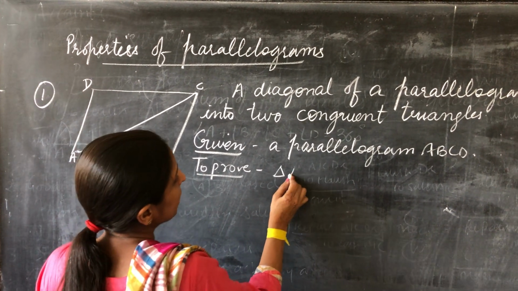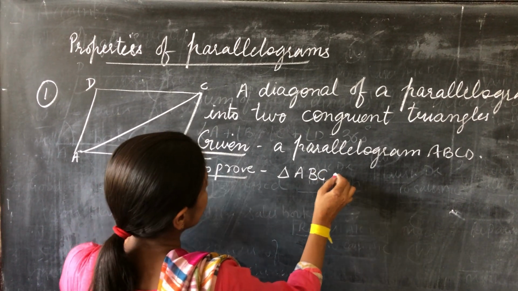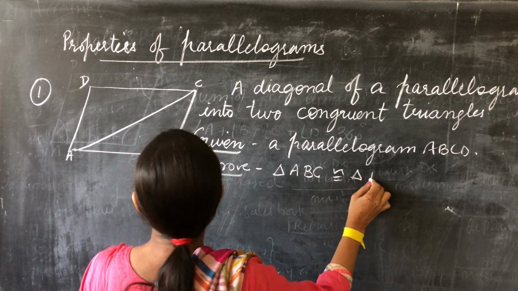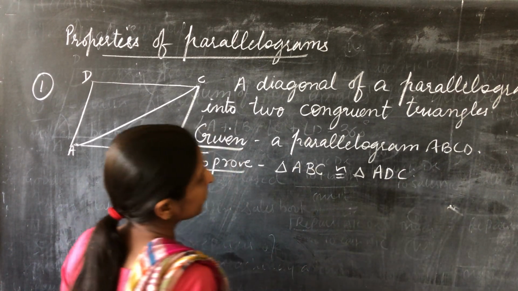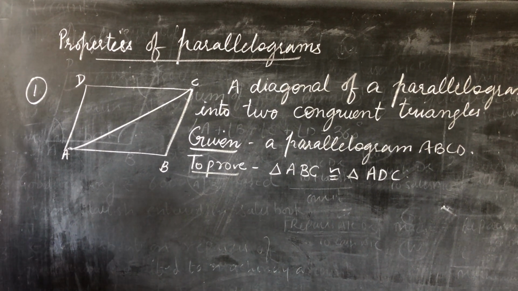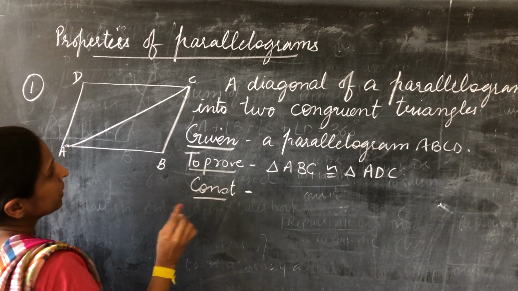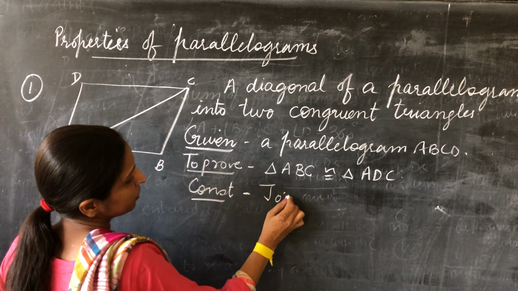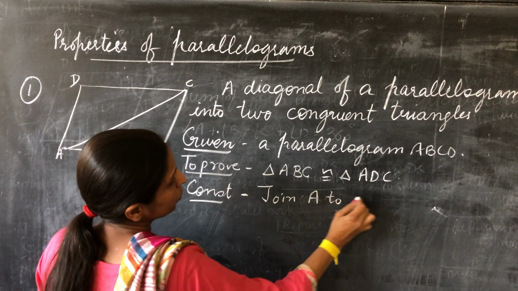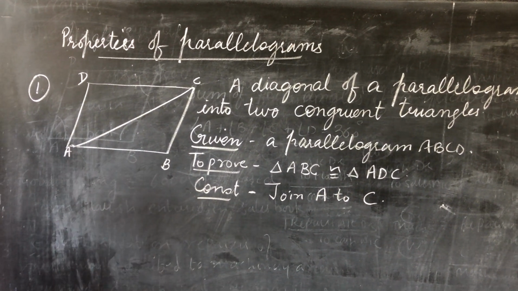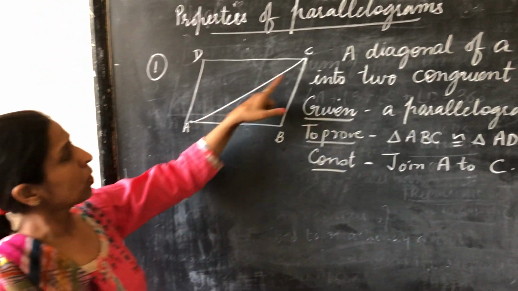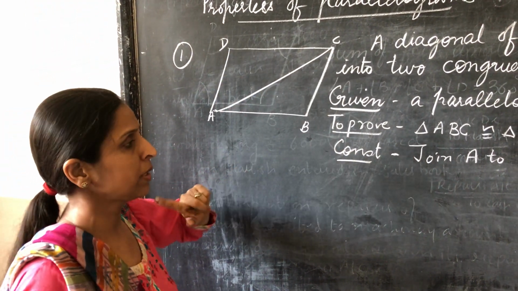Here we can say that triangle ABC is congruent to triangle ADC. This we have to prove. Any construction we have done? We have done a construction, that is we have joined A to C. That is a diagonal drawn. It's your choice whether you draw AC or BD, any one diagonal.